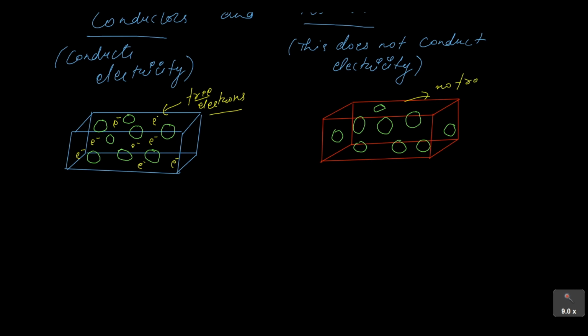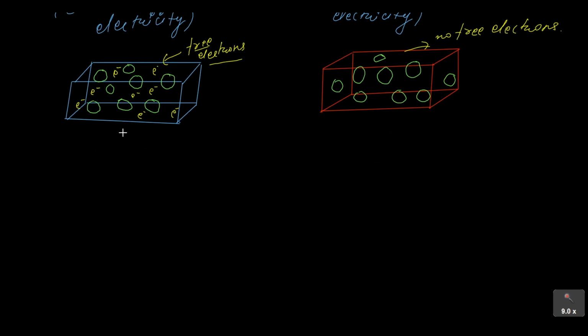So if somebody asks what the difference between a conductor and an insulator is, you can say that in a conductor there is a presence of free electrons, whereas in insulators there are no free electrons.